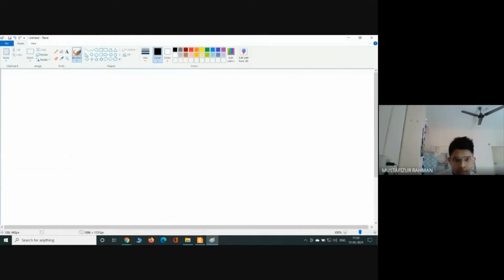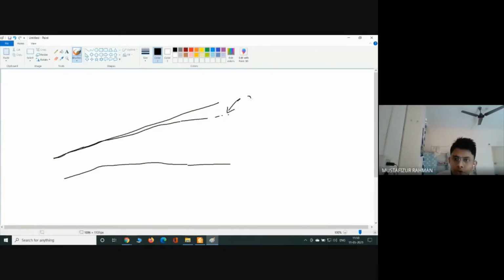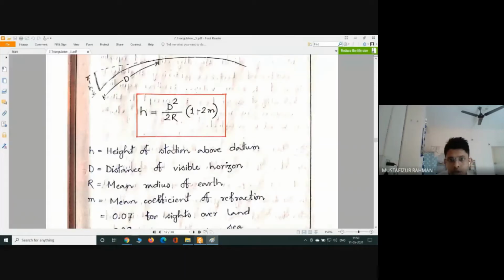The ray of light actually isn't traveling straight this way, it is traveling this way. There is some refraction, so the ray of light travels through refraction. For that, we are using the coefficient of refraction here, 2m.